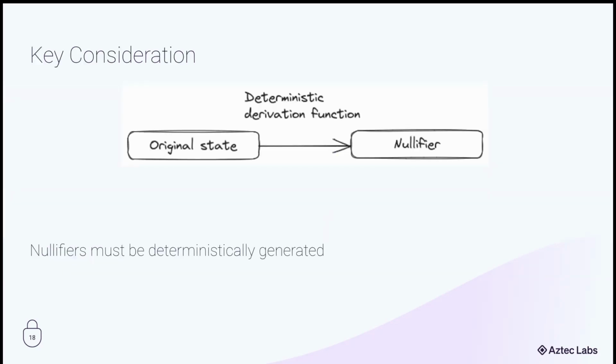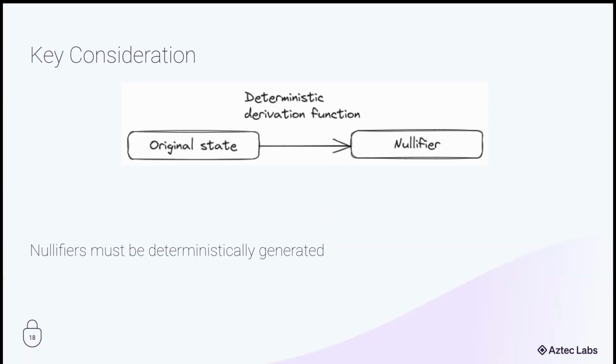Something that's very important for this to actually work is that you can deterministically generate the nullifiers from some of the original state. So say that we just use nullifiers as a random piece of data, fully random, then if I'm trying to spend the same data again, I could just pick a different nullifier and then I can perform double spends.